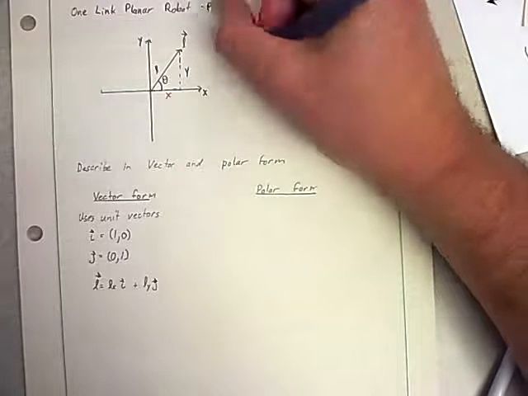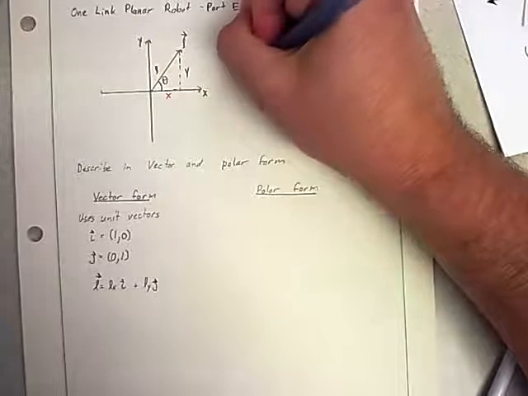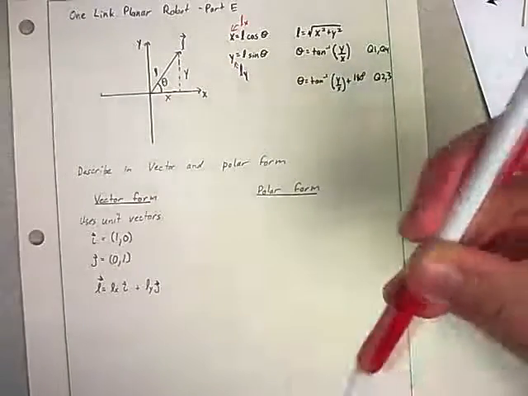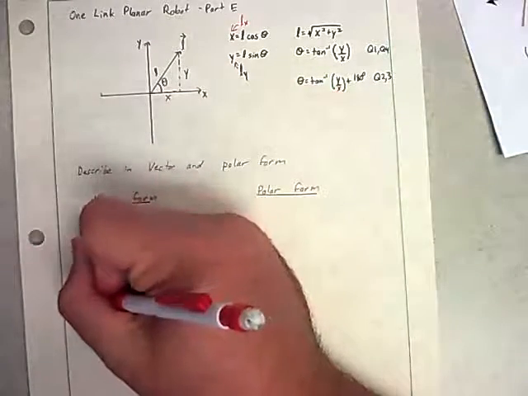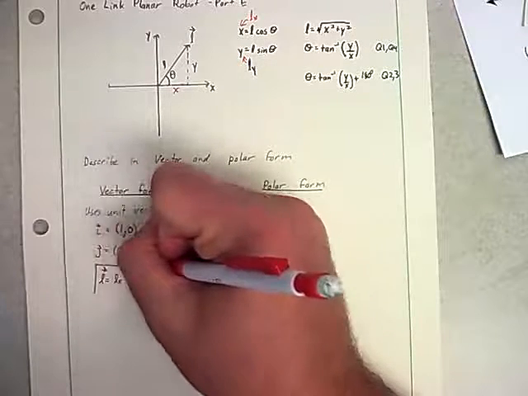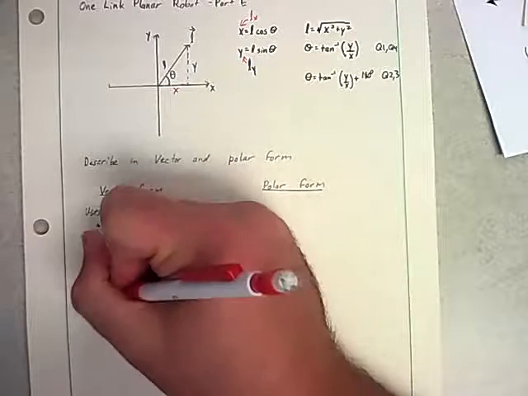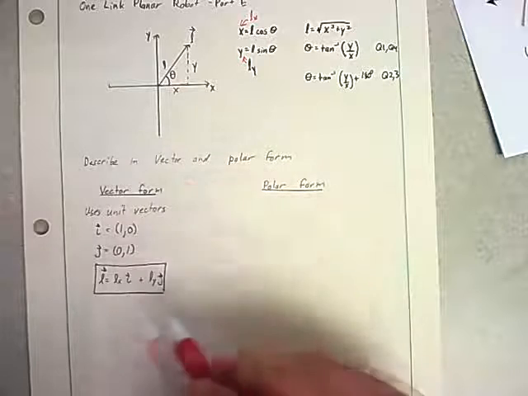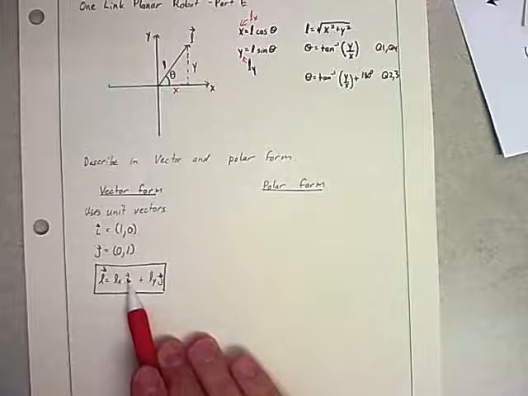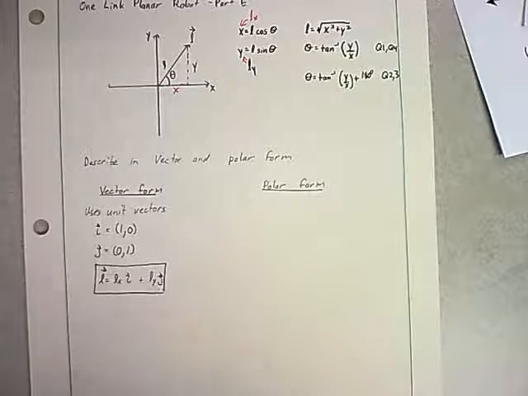But yeah, so this is Ly. And so that's really what we're talking about in vector form, is this equation right here. That L is in that form. The Lx is the x part times the i, and the y part times the j.